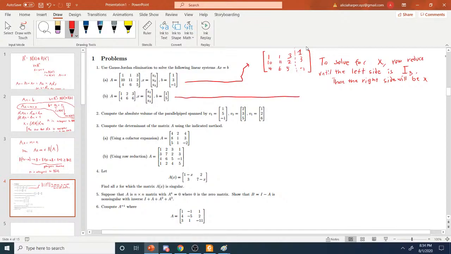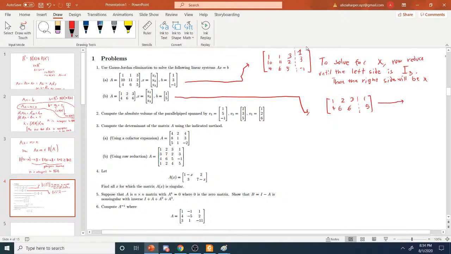This one I'll actually just solve real quick. 1, 2, 3, 4, 6, 6. Again, I put my augment bar. I have 1, 5.